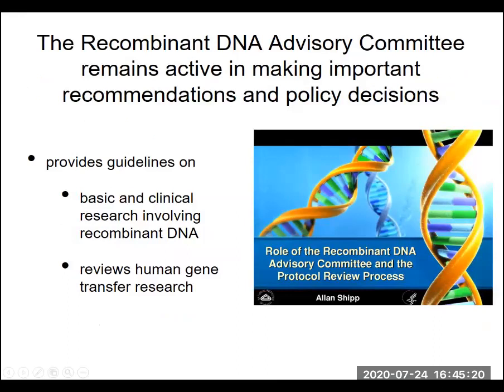They've changed over time, from 1976 to now, maybe 45 years, but they're still providing guidelines on both basic science and clinical research involving recombinant DNA technology. It's this committee, among others, that's involved with gene therapy, looking at human gene transfer research. And again, this is an emerging field that has a lot of potential, but there are some risks associated with it, so we need to be able to understand what those risks are.